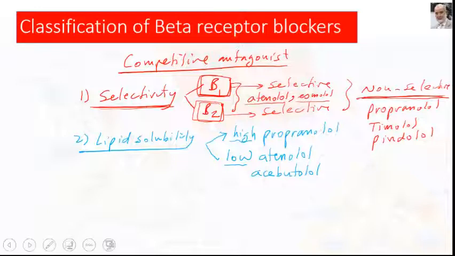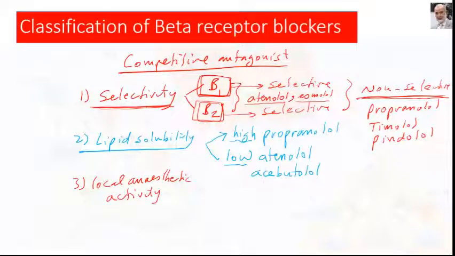The third important difference between beta blockers is their local anesthetic activity. As we have said before, they decrease the activity in nerves through local anesthetic action.